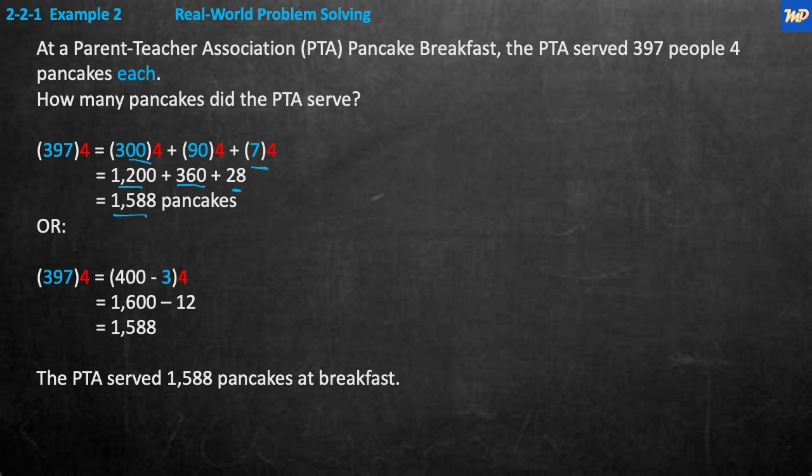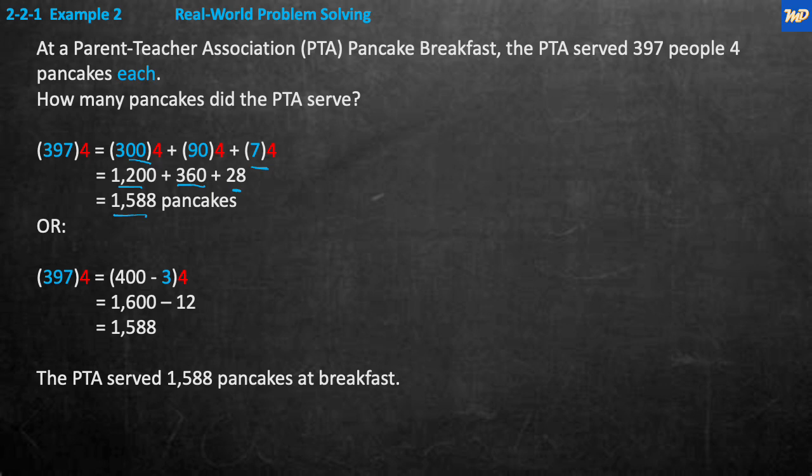The other way of looking at it is 397 times 4 pancakes each person. We can do 400, which is going to be a little easier, I think, because it's going to be less addition. So we're going to kick this from 397 up to 400 like we did that last problem. So now it's going to be 400 minus 3, because we have to do minus 3 to get back to the 397. So we have to take away 3 from this 400 times 4.